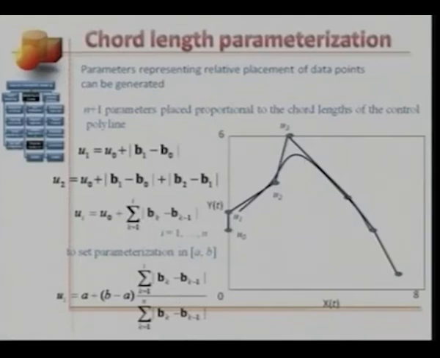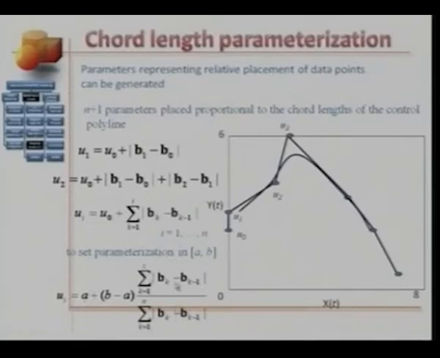Now notice how the scaling works. Let's say for i equals 0, we are looking at the first parameter value. For i equals 0, the fraction is equal to 0, for which u of 0 will be equal to a. And for i equals n, the numerator and the denominator are identical.